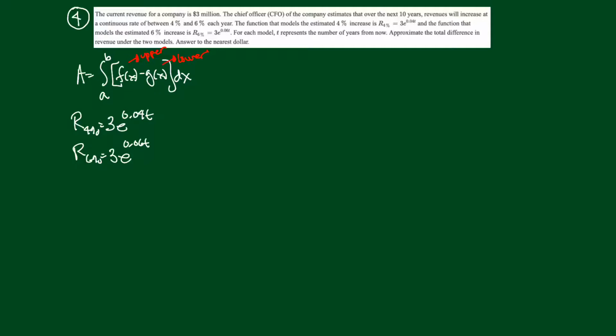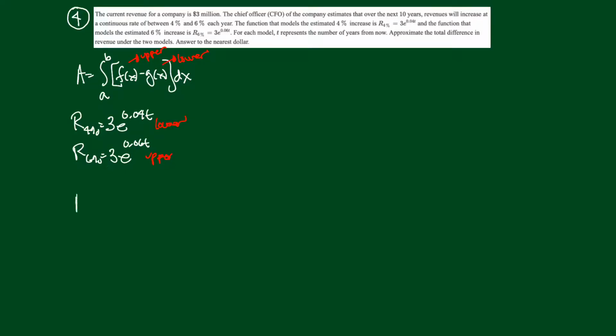These are both exponential growth functions, and they both start at 3, so they start at the same place. But look at these growth rates. This is 4%, this is 6%. Since 6% is higher than 4%, the 6% curve is going to grow more quickly. So that's our upper curve, and the 4% one is the lower curve.